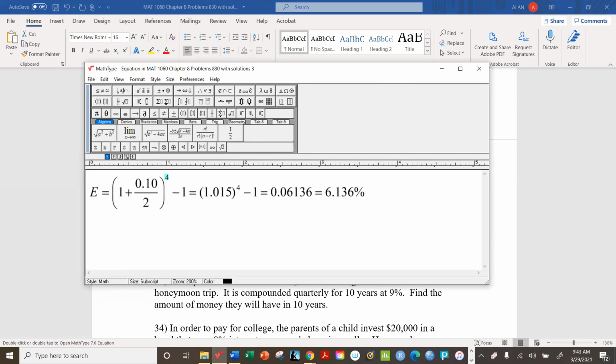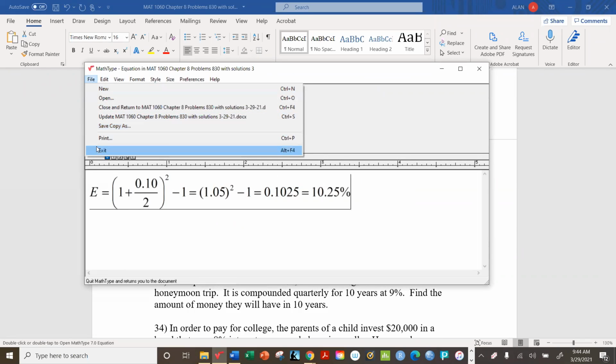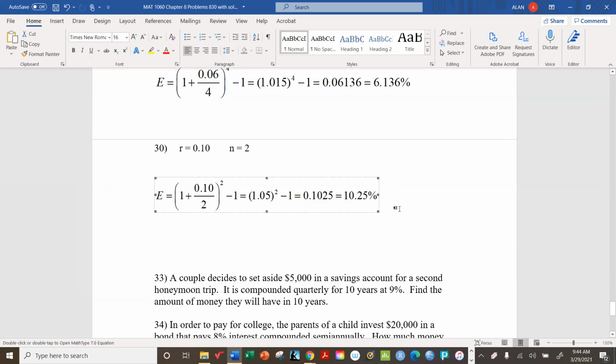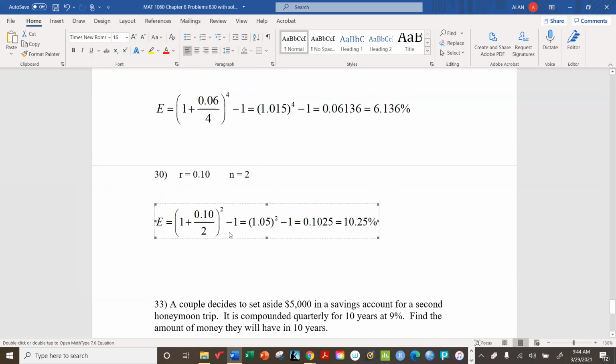The exponent is 2. So we've actually got 1.05 raised to the second power minus 1. And that gives us 0.1025 or 10.25%. All right, so in this case, the bank account, you're earning 10.25% instead of 10.